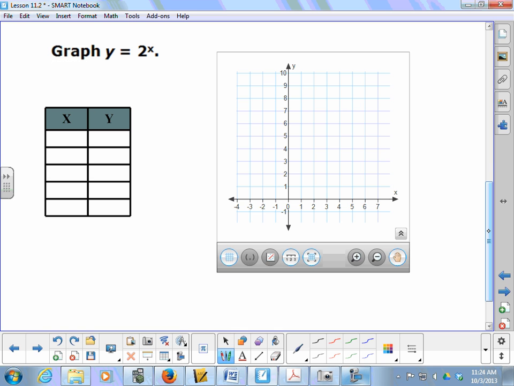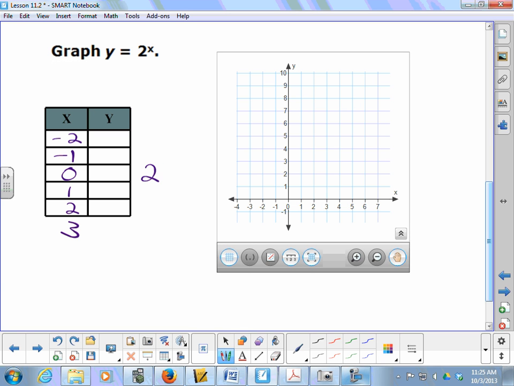All right, a couple negative, a couple positive. But we're always, when we make that table, we're going to start at 0. Easiest spot to work from.